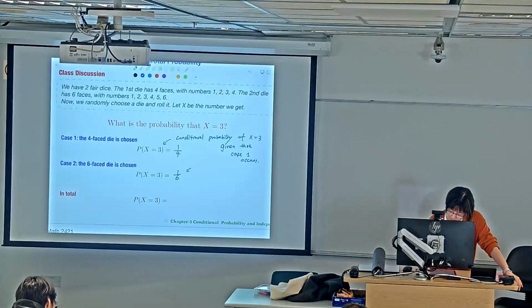So we can compute these 2 conditional probabilities of x equals 3, given that there are only 2 cases. So case 2 occurs means case 1 does not occur.